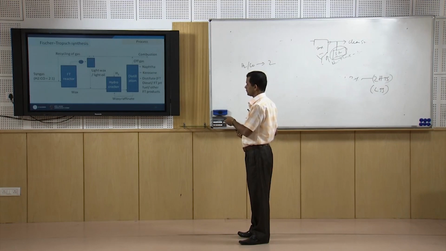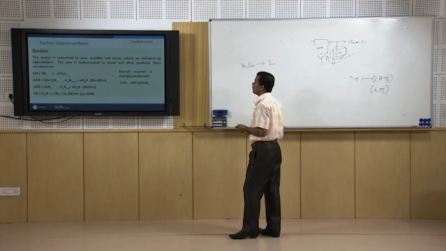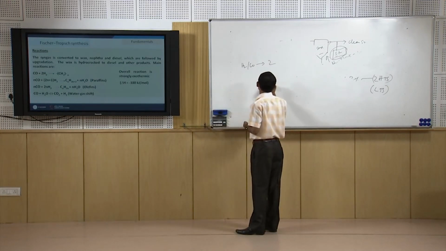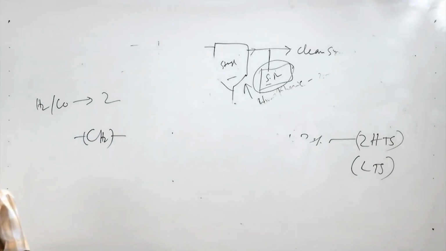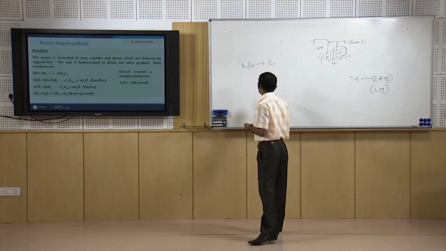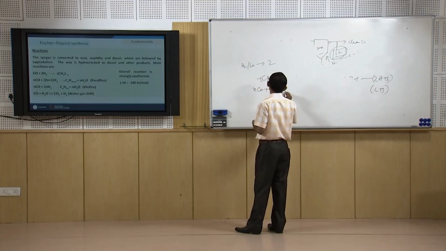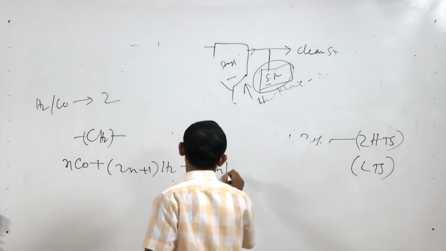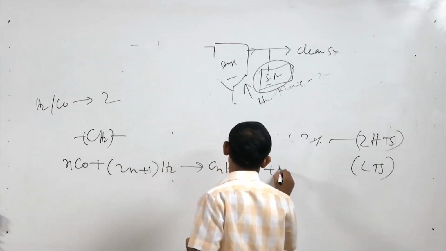The basic reactions which take place in this are CO plus 2H2, that gives us CH2 n. So, we get paraffins and olefins; basically the paraffins are wax. nCO plus (2n plus 1) H2 will give us CnH2n+2 plus nH2O.